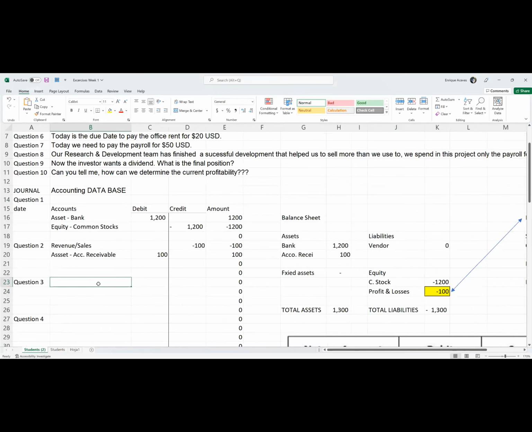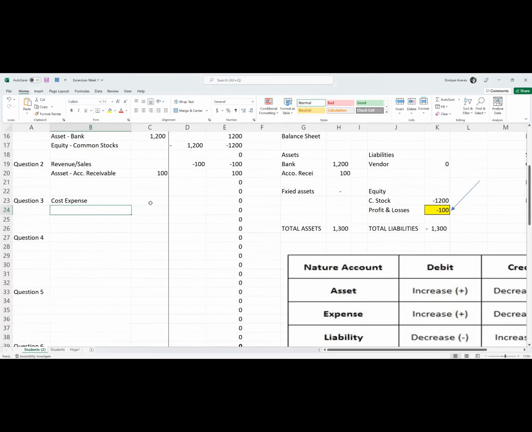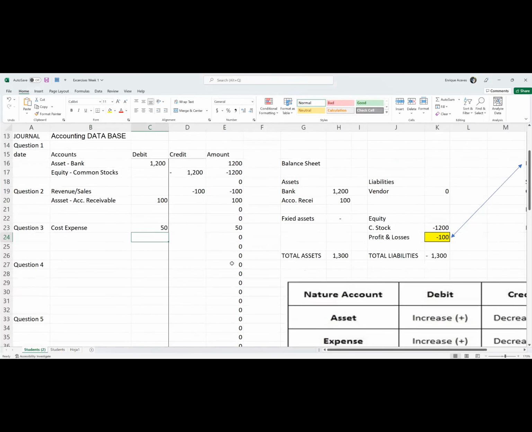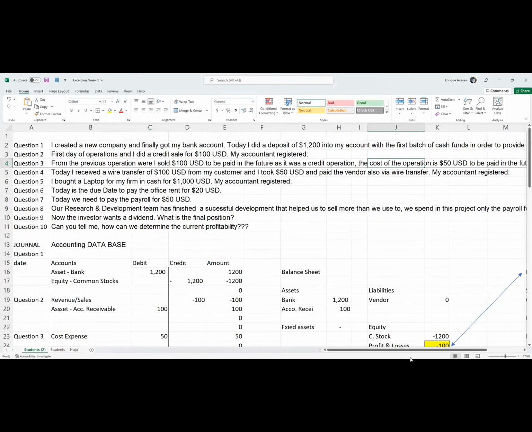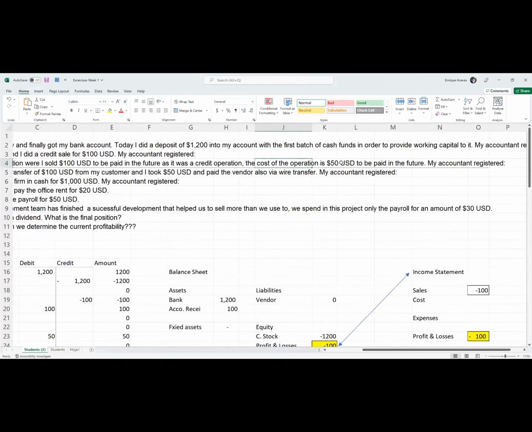Let me help you a little bit. Cost, which is an expense, increases with debit. And if I didn't pay it, the cost of the operation is $50 to be paid in the future, meaning that I didn't pay it.